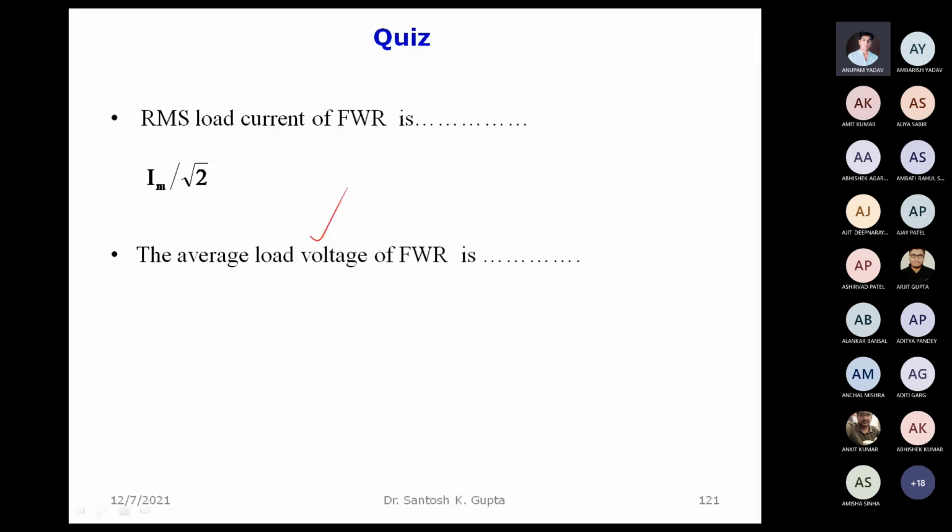Average load voltage: one can multiply this current by the load resistance, so this is the DC value, the average load voltage. Ripple factor we have already computed, 0.48.